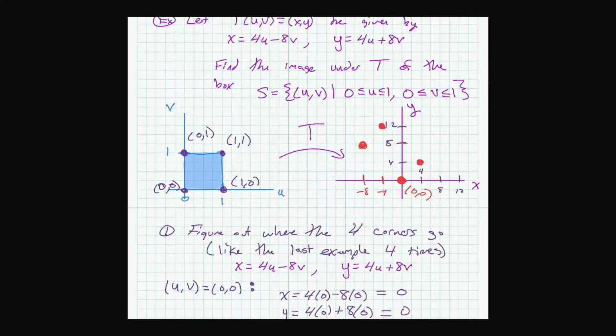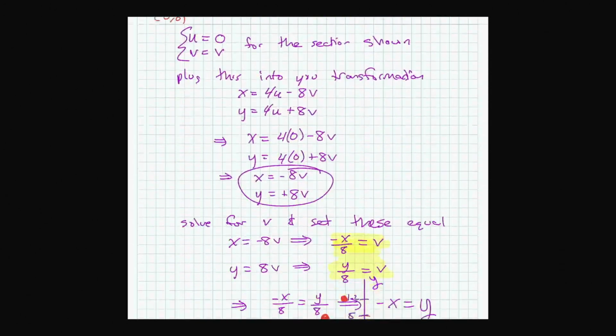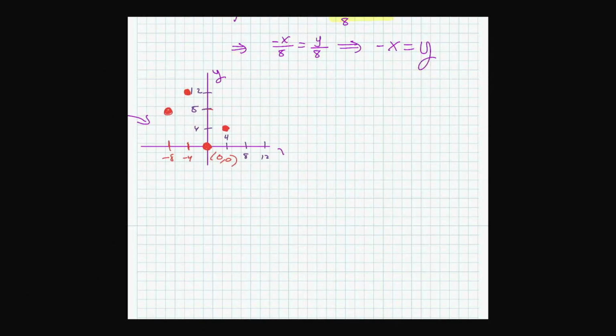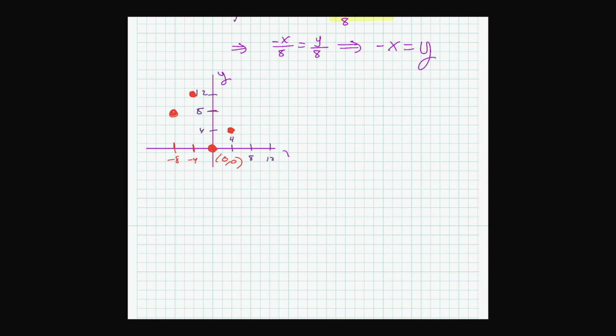Well, let me show you. Let's go way back up here. Let me get this picture. So this is the picture that we had before, right? And if you plot this curve, y equals, in this case, negative x, that is this line, right?